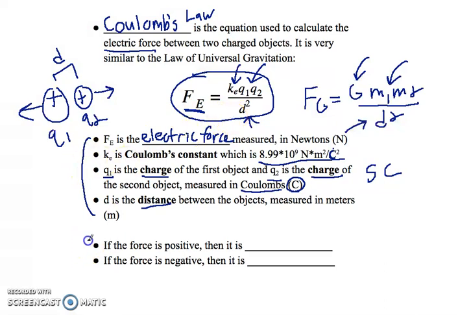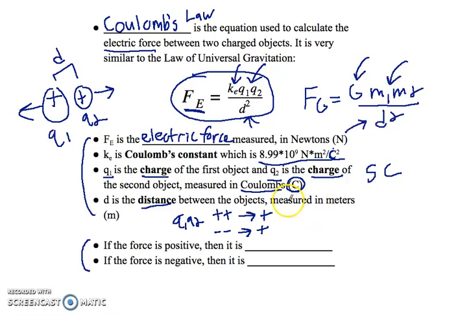The last thing to keep in mind is the notation, or what a positive and negative force means. Let's think about two positive charges or two negative charges. When you multiply q1 and q2 together in the numerator, two positives give you a positive, and two negatives give you a positive.